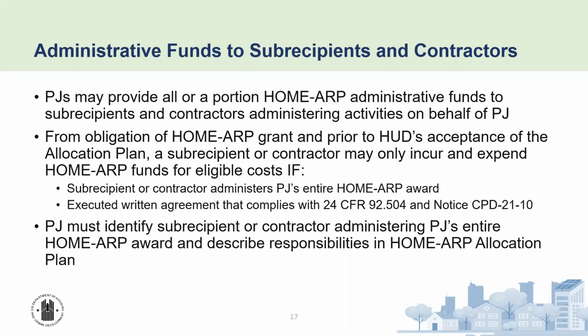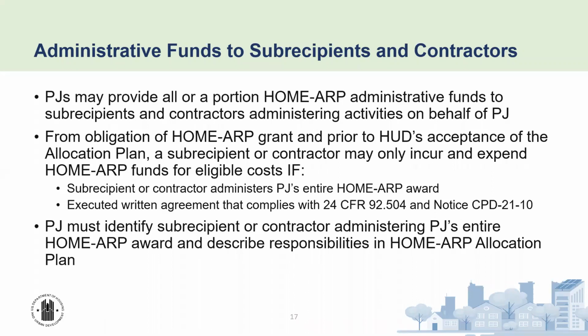As previously stated, from the date of obligation of HOME-ARP funds and prior to HUD's acceptance of the HOME-ARP allocation plan, a subrecipient or contractor may only incur and expend HOME-ARP funds for eligible administrative and planning costs if the subrecipient or contractor is responsible for the use of the PJ's entire HOME-ARP award.